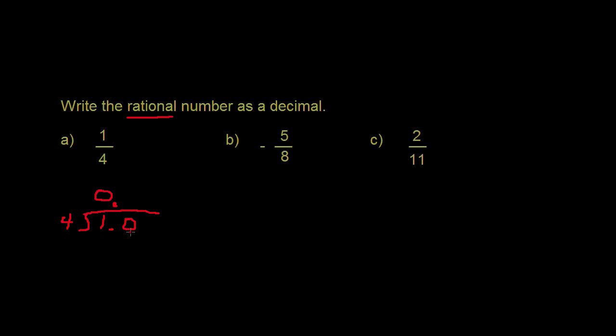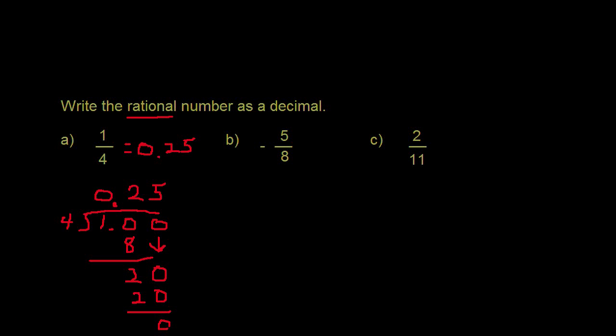Let's put our decimal point where it belongs there. 4 goes into 10 twice. We get 8. Subtract, we get 2. We need a 0, bring it down. 4 goes into 20 5 times. And 4 times 5 is 20, no remainder. So we've converted this into a decimal form, 0.25.